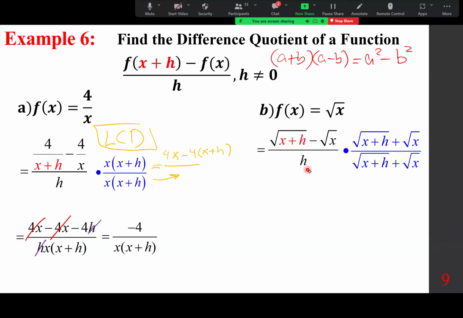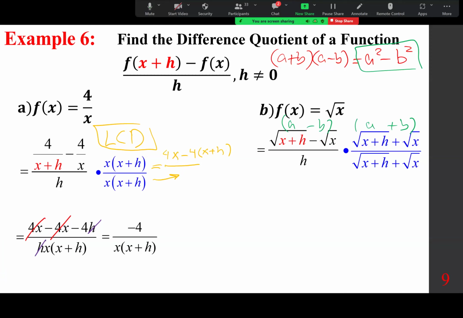What happens to the numerator? You have a minus b times a plus b. In fact, let me write at top of it. Let's assume this is a, this is b, so a minus b, a plus b. So their product is a squared minus b squared.